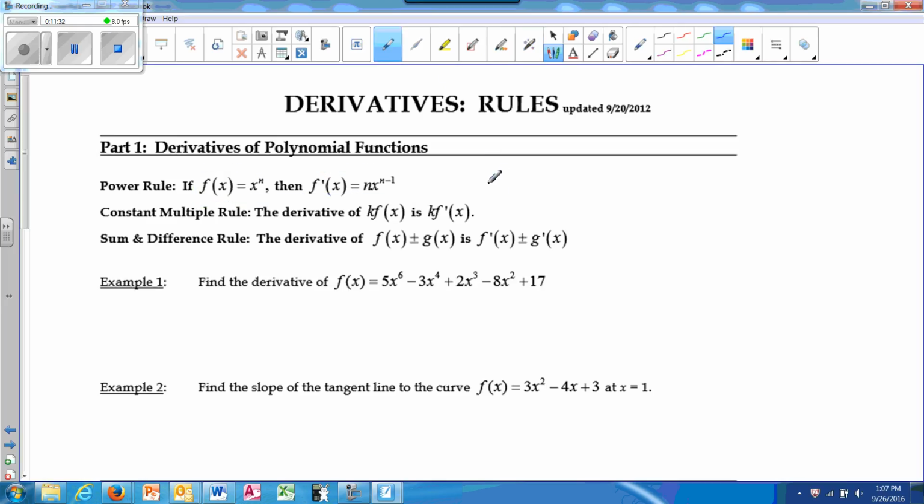So let's do some practice. So we've written our power rule here again, just so you have it on this page as well.